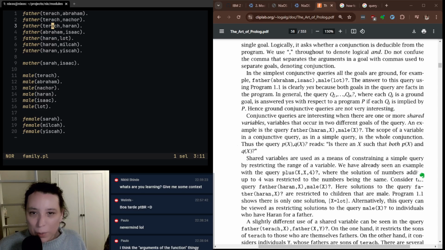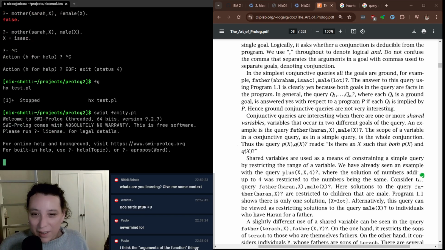So I want to say, like, who are the daughters of Haran, for example, right? So we have Lot, who's a dude, Milka, who's a woman, and Yiska's female. So if I want just the daughters, I'll get Milka and Yiska, right? So let's see if we can run that. So I want to say where Abraham is the father, so it's a child of Abraham, and the child is female.